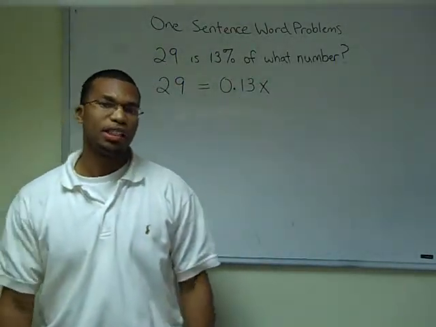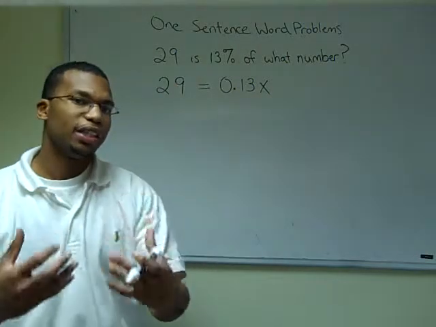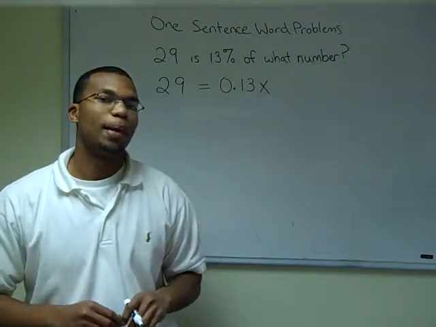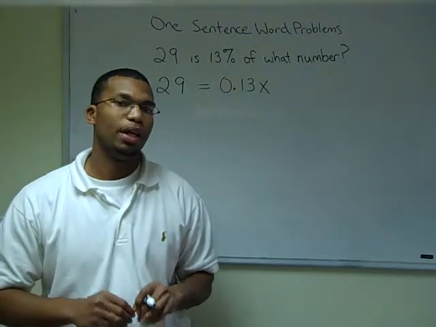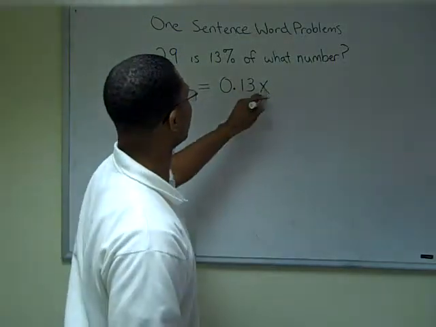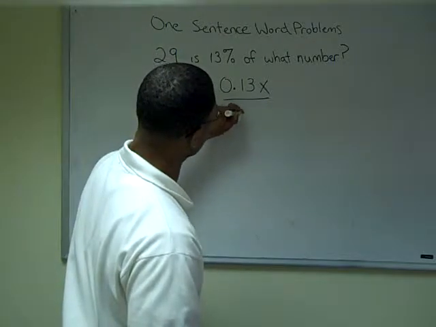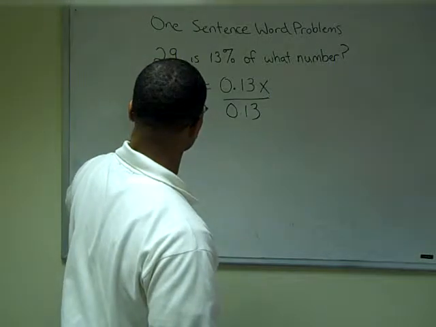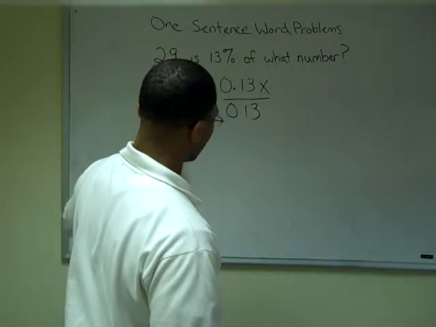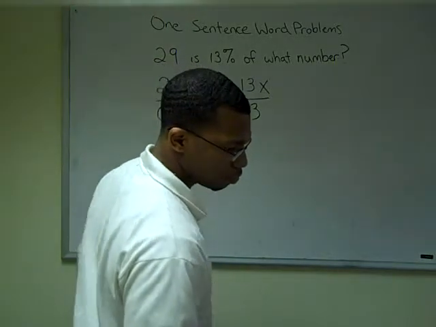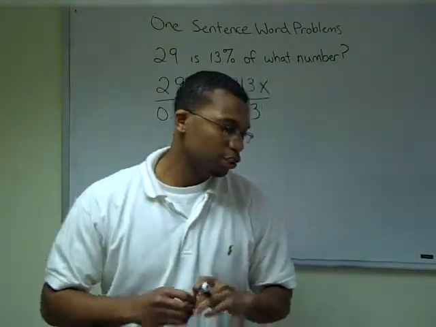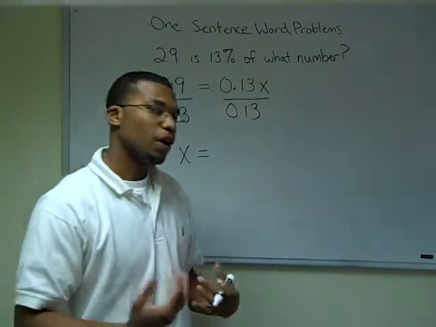Now since I use the decimal notation, it will be easier to use the multiplication principle. So now I'm going to divide both sides by 0.13. And now my missing number x is 223.08.